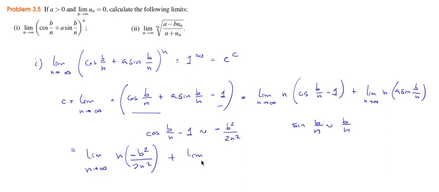So this is the limit when n goes to infinity of n times a times b over n. Okay? This is going to 0 because this is n over n squared, and then you have n over n, so the limit is a b. Okay, so c is equal to a times b, so the limit is e to the a b.